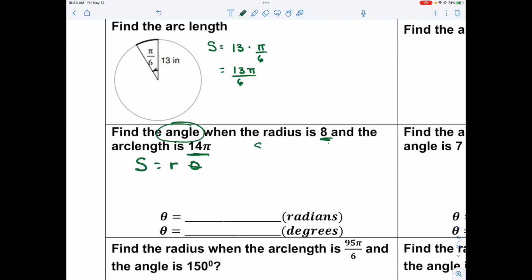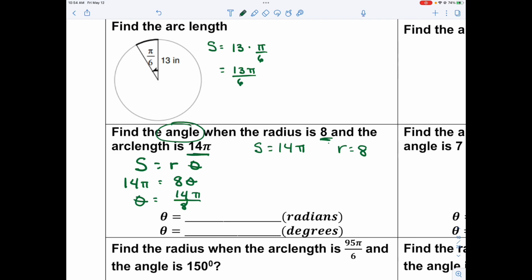We know S is equal to 14 pi. We know r is equal to 8. So substituting in, we can say 14 pi is equal to 8 theta. So how would I find theta? Theta is equal to 14 pi over 8.